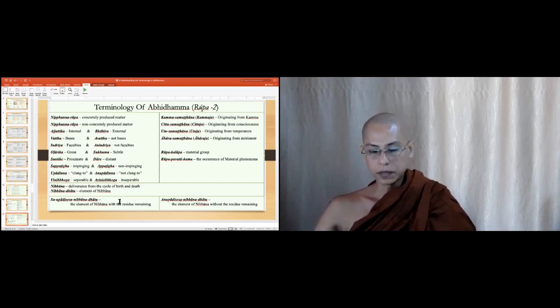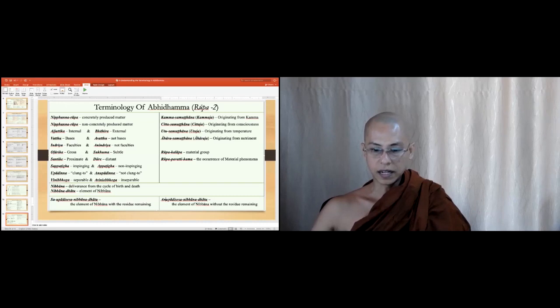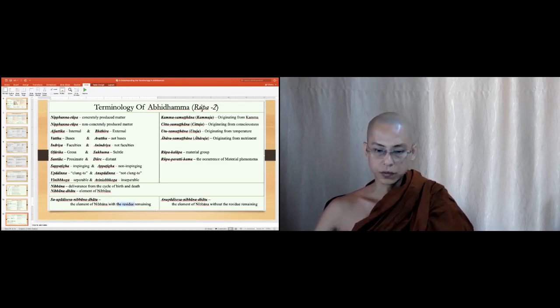So Nibbana can be understood in two ways. One is Sa Upadisesa Nibbana Dhatu and the other Anupadisesa Nibbana Dhatu. Sa, as you know, is with, and A here is without, absent. So by the word Sa, you understand with residue. Upadi Sesa is residue remaining.